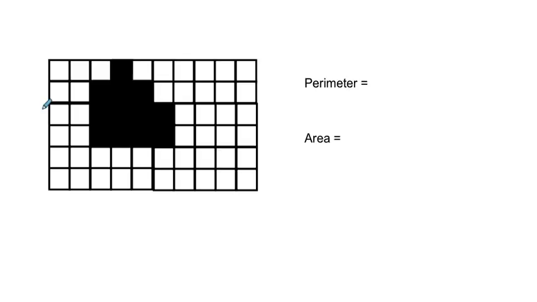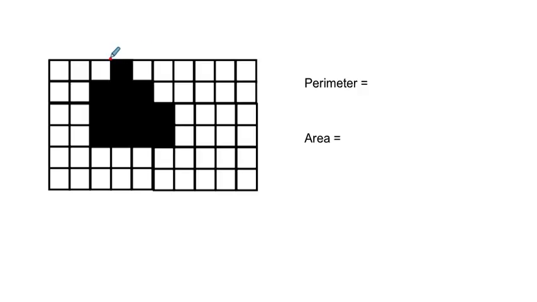Alrighty, now we need to find the area and the perimeter. Remember, perimeter is the edge of a shape, and area is the inside. To find the perimeter of something, I could count up the length of each side, or I could do some hops. I'm going to decide to do hops since these squares are easy to hop.